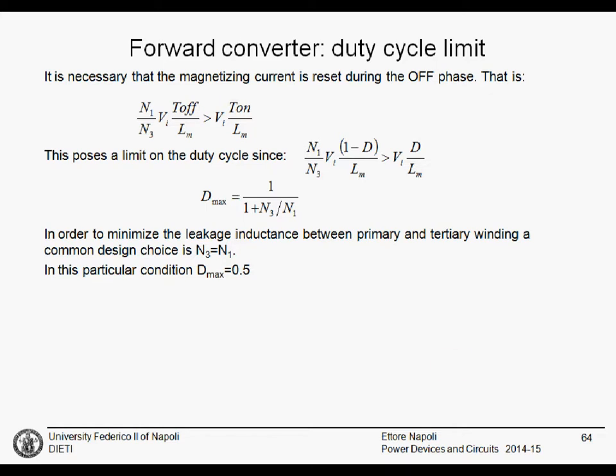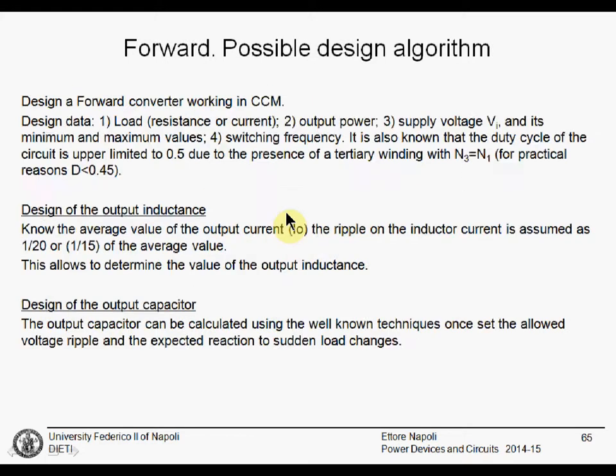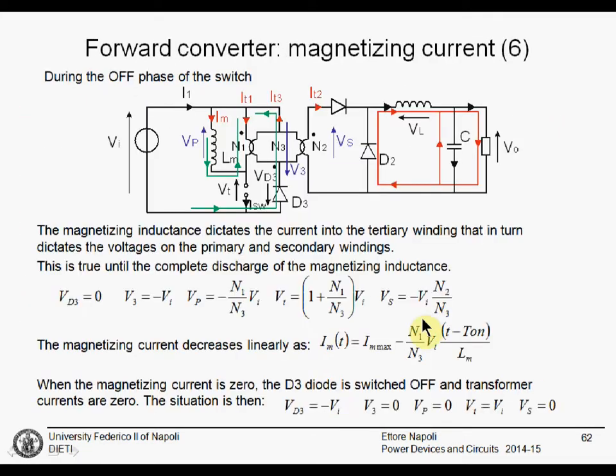If N3 is smaller than N1, because the discharging rate is proportional to N1 divided by N3, if N3 is smaller, the discharge rate is faster, and we can discharge this inductance much faster. The point is that the primary voltage depends on N1 divided by N3. If N3 is small, this primary voltage becomes very large, and it will discharge the magnetizing inductance faster.